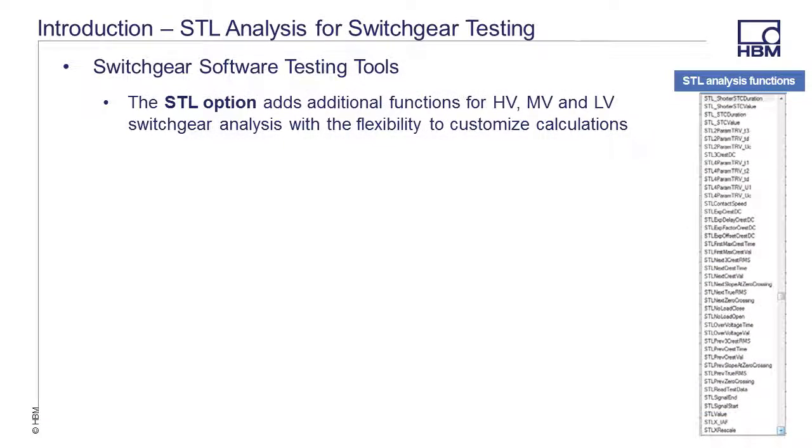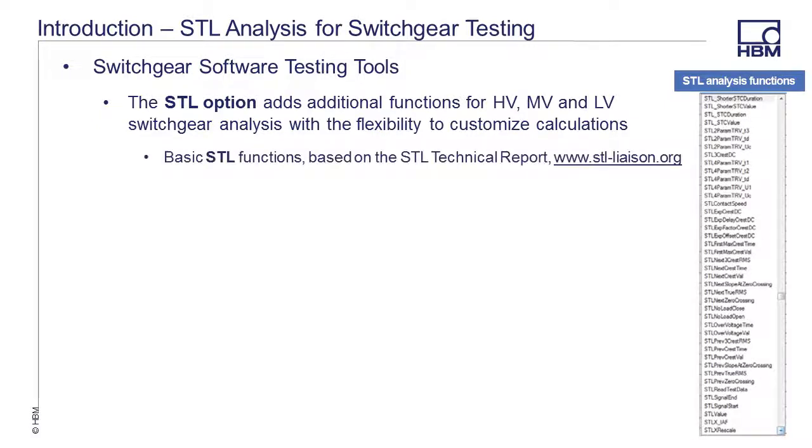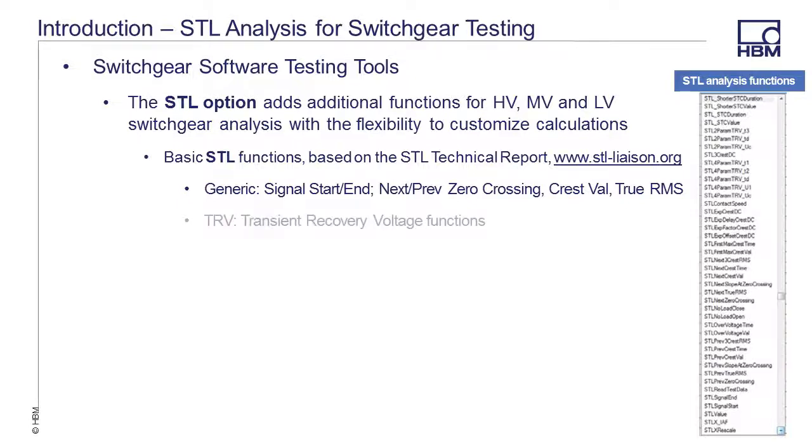In the right column, you can see a list of some of the STL functions for high voltage, medium voltage, and low voltage switchgear analysis. Now, these include basic STL functions based on the STL technical report. Generic functions, which include signal start and end, next, previous, zero crossing, crest value, and true RMS.